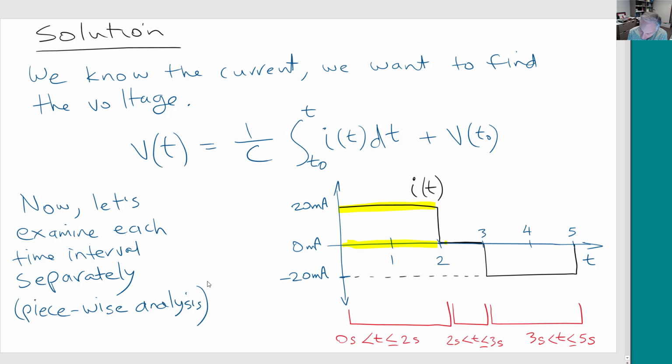Then we're going to look at the time interval 2 to 3 seconds, and that current is 0 milliamps. And then the time interval 3 to 5 seconds, and that current is minus 20 milliamps.